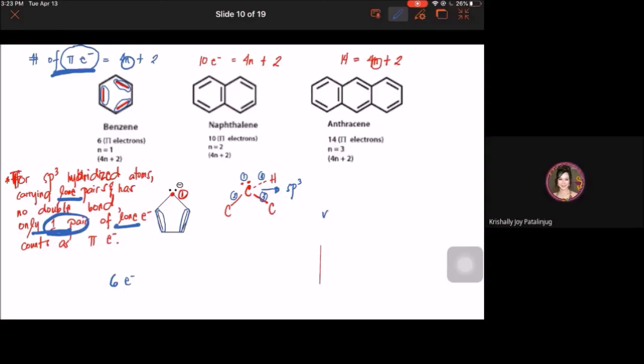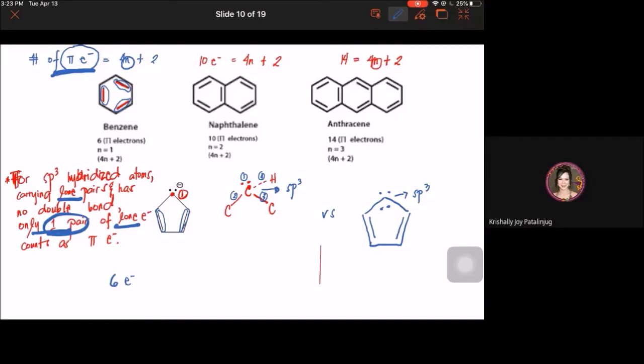What if the structure is like this? Instead of an imaginary hydrogen, that is also a lone pair. This is still sp3 hybridized, with 4 surrounding electron groups, so it has a tetrahedral orientation. When tetrahedral, it is sp3 hybridized.